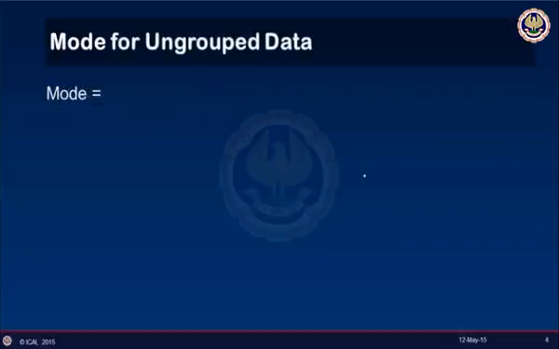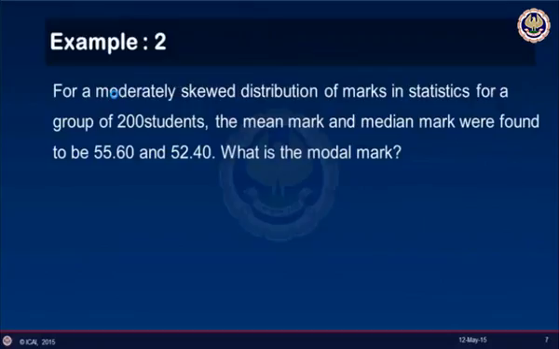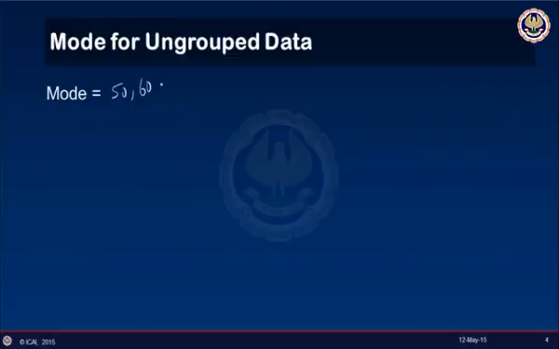Now, mode can be found for ungrouped data and for data grouped into class intervals. We may consider the following formula for mode for ungrouped data. Now see the example related to mode for ungrouped data.